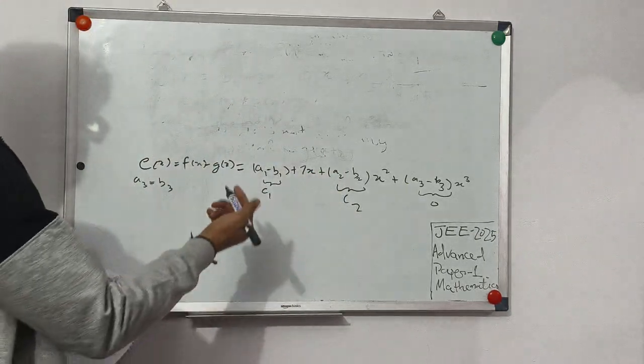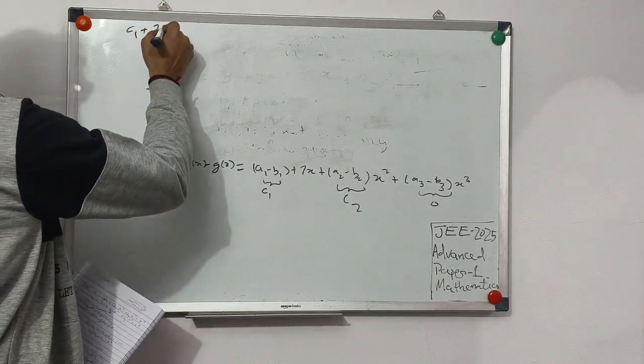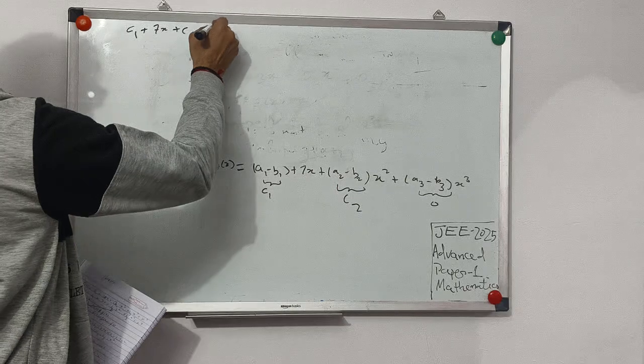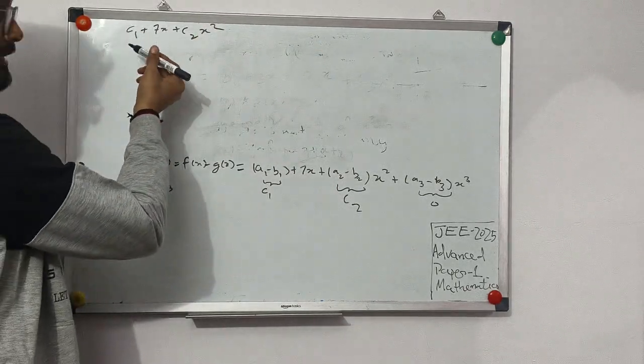So what we get is c1 plus 7x plus c2 x square has no real root, which means its discriminant must be negative.